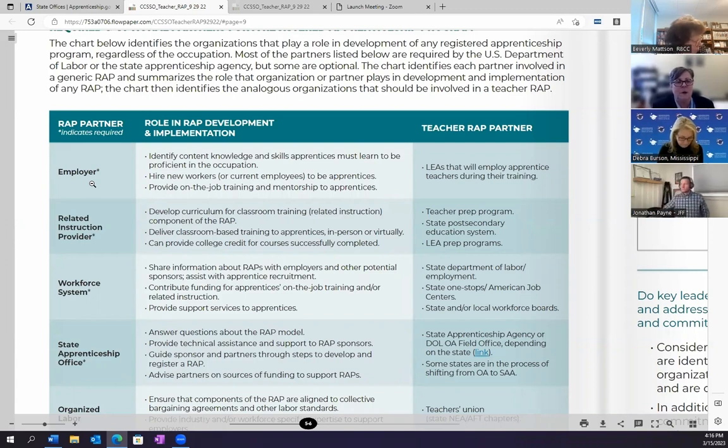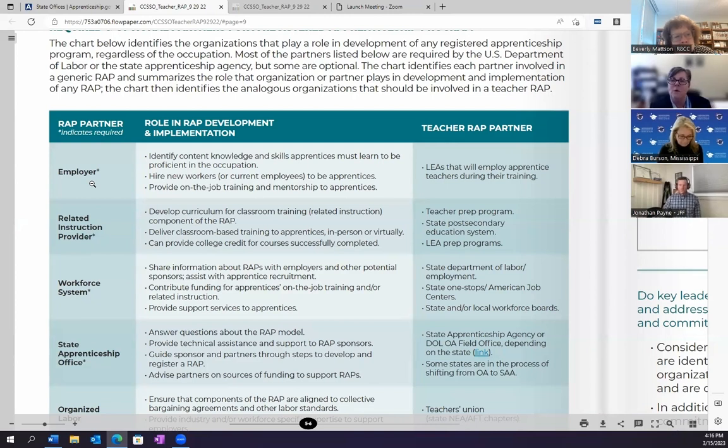So using the Department of Ed sort of as the sponsor, if you think of employers being the districts or the individual schools who sign on under the registered apprenticeship program run by the Department of Ed.